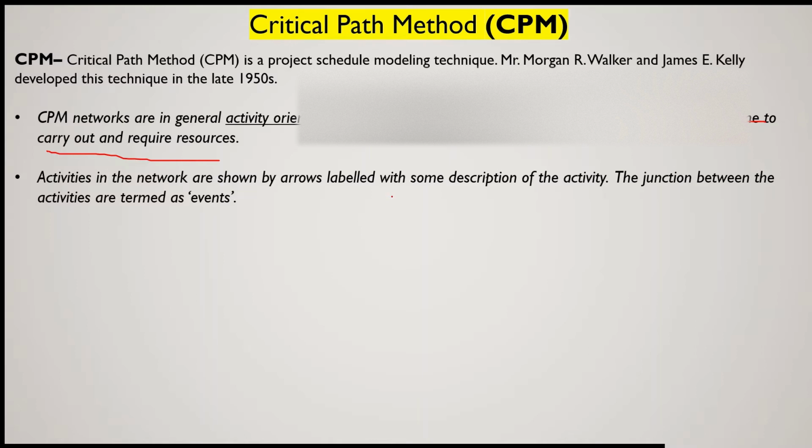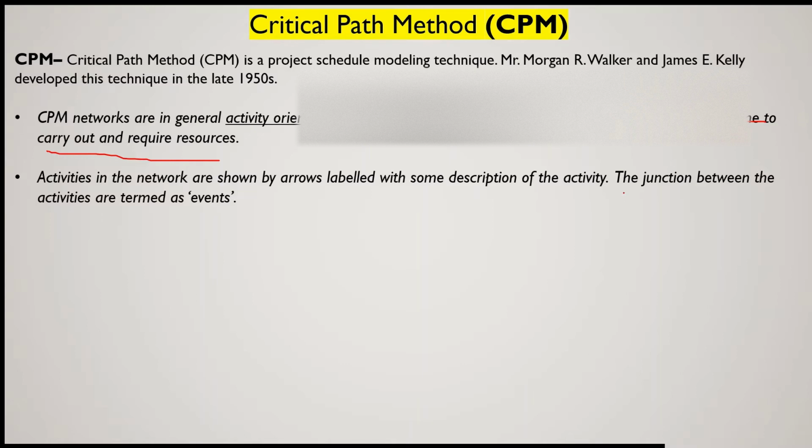Whenever we draw an arrow, above the arrow we will show the name of the activity, and below the arrow we will write the duration of the activity. That means the actual duration, or how much time is required to complete that activity.